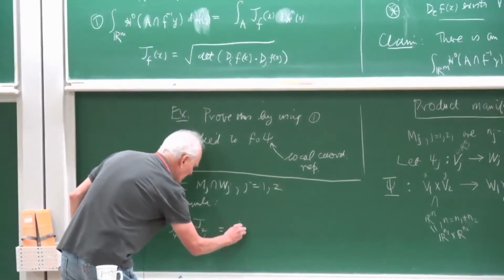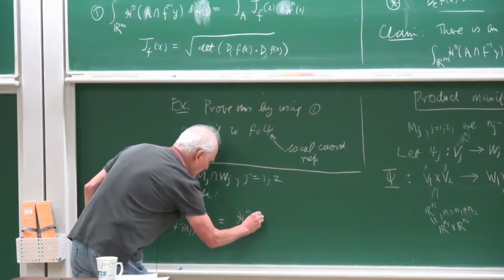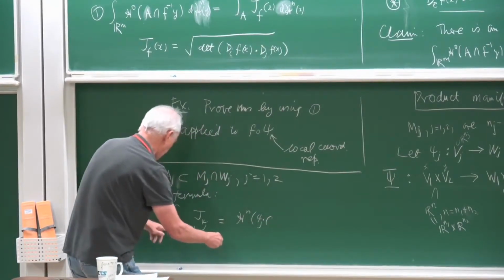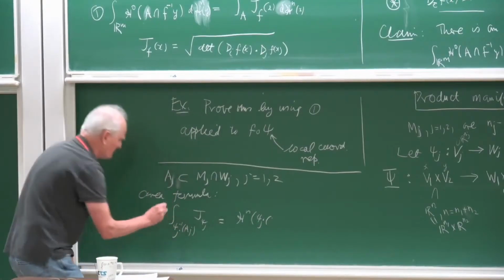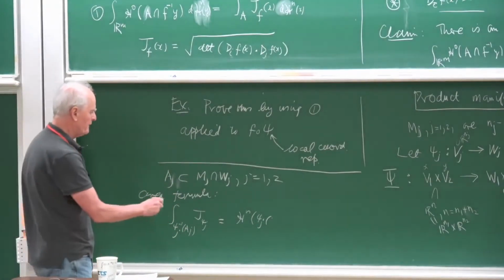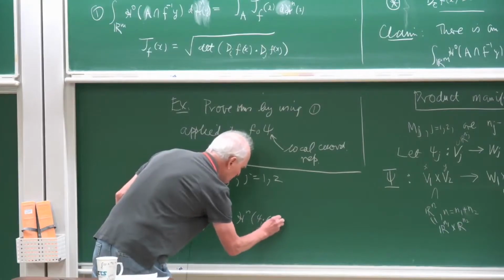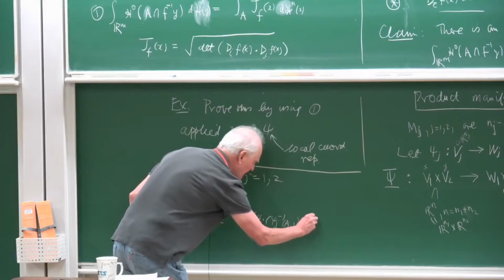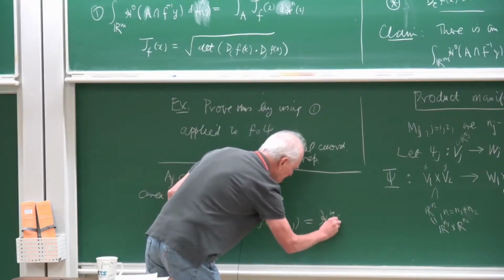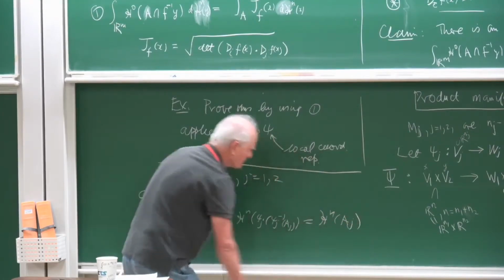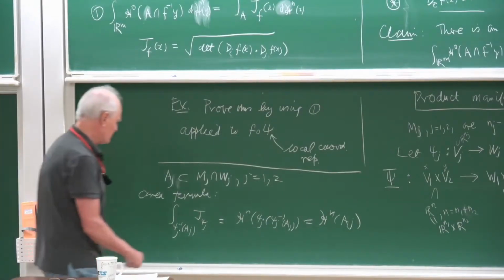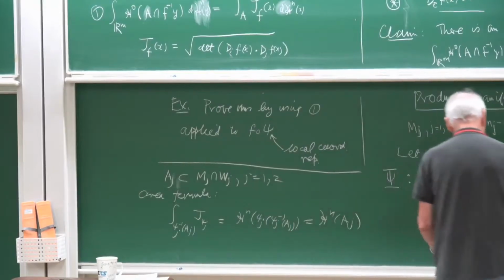So that's the n-dimensional measure of phi_j applied to phi_j^(-1)(Aj), which of course is just the n-dimensional measure of Aj. Like so.